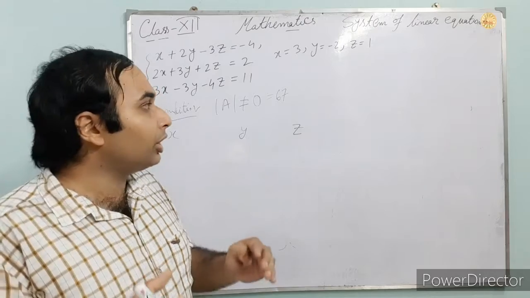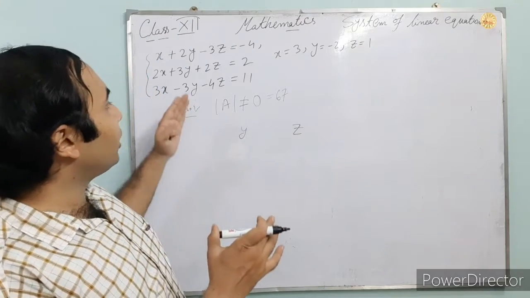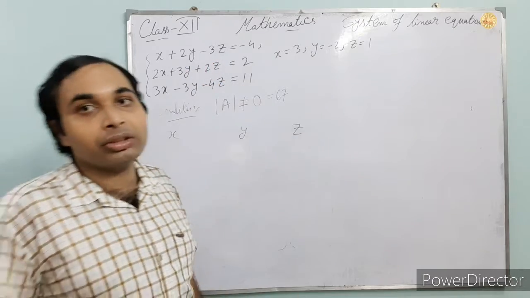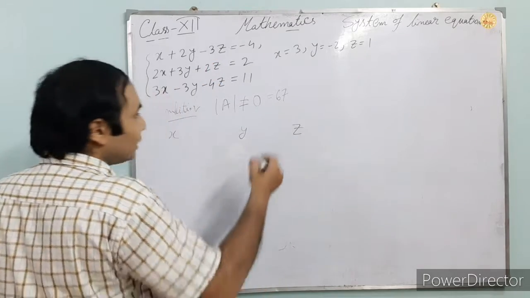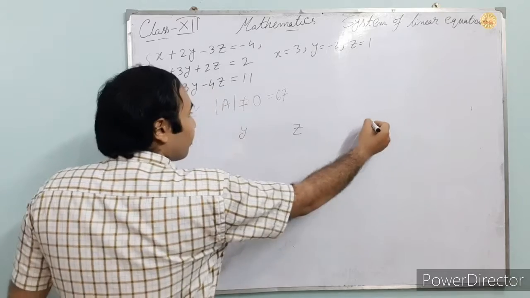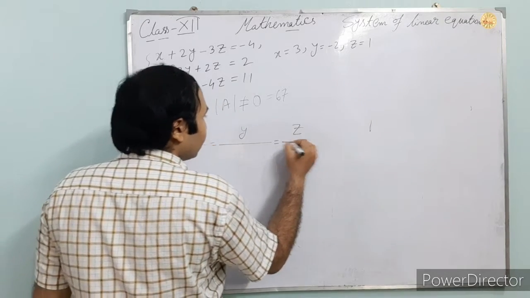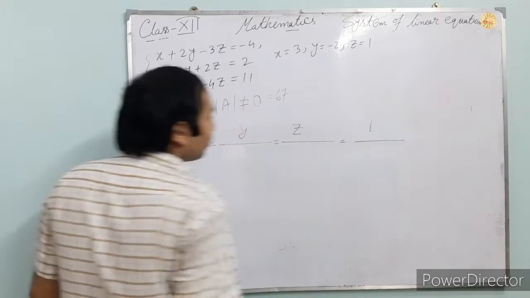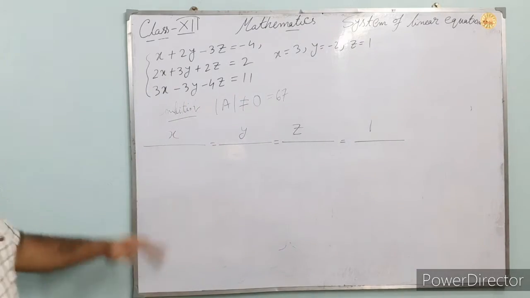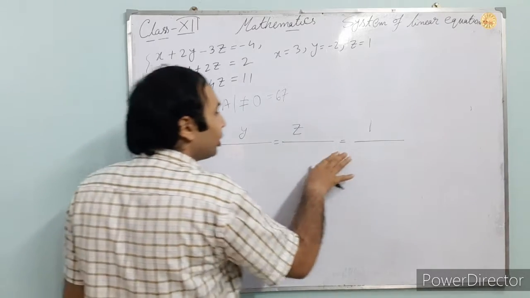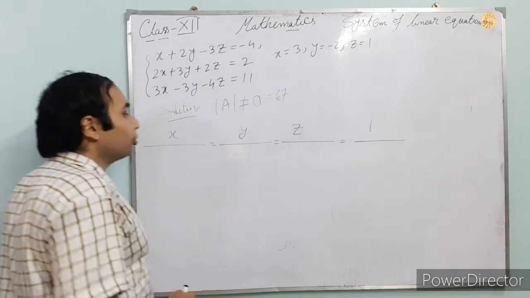That is the same thing; the same method is being applied here to solve the system of linear equations of three variables. Let us see. Here it equals 1, the same process. This by, this by, this by, and this by. This is the more generalized form actually. You have done that cross multiplication method, that's why I am saying.